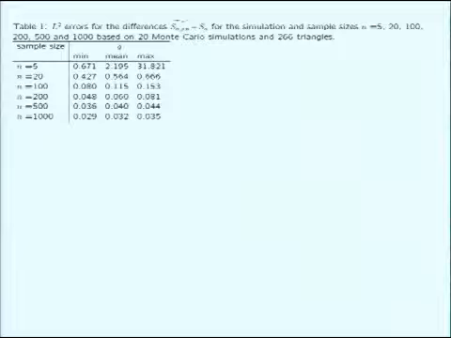You see the values are quite large, but as soon as you get to 100 or 200 for the sample size, then you get to L2 errors that seemingly are much smaller.